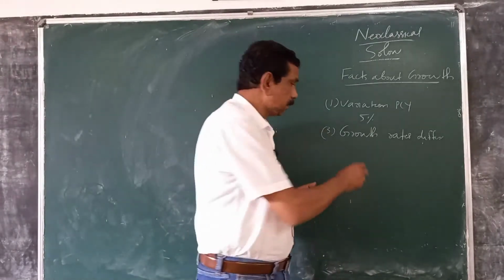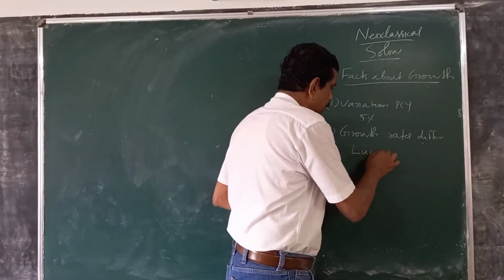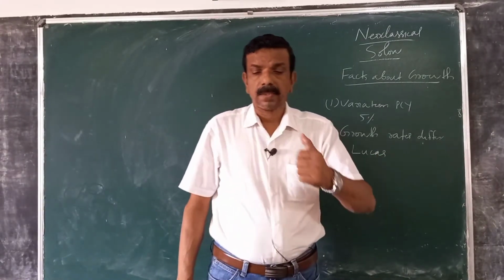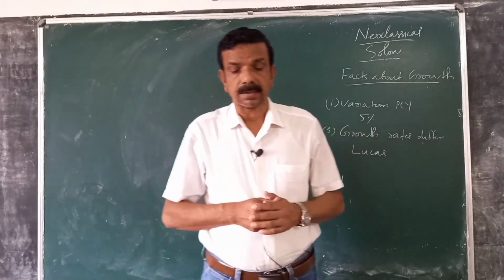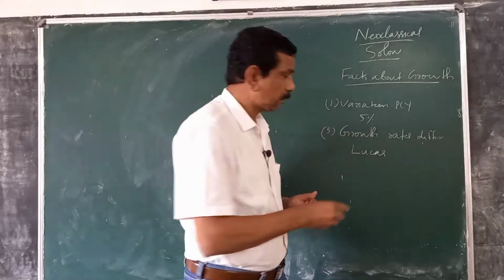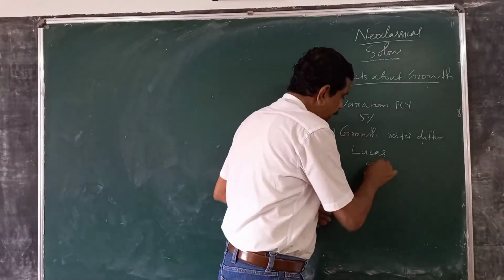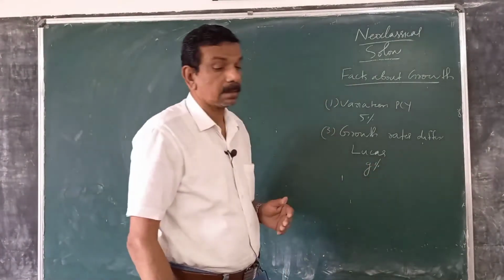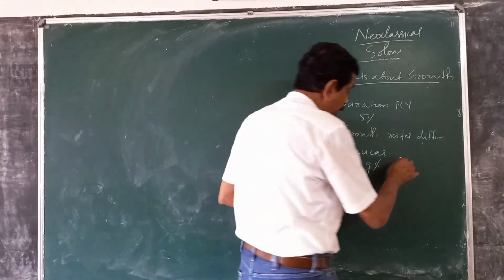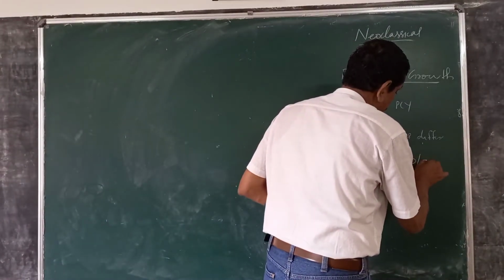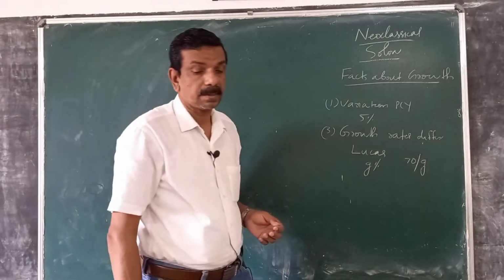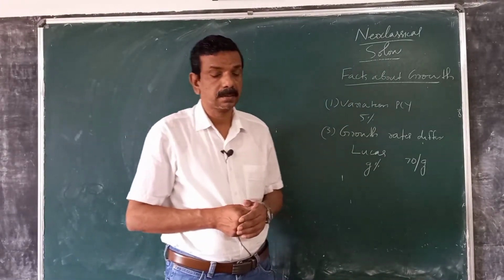Robert Lucas, in his article on the mechanics of economic development, suggested that a country growing at G% per year doubles its per capita income in 70 by G years.